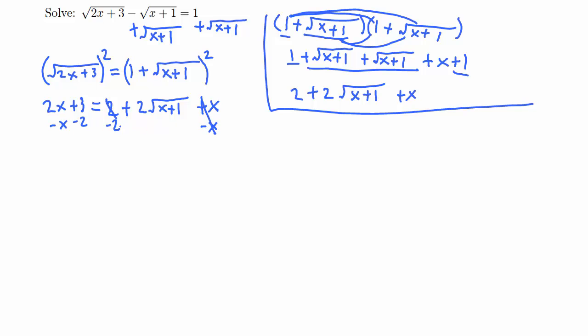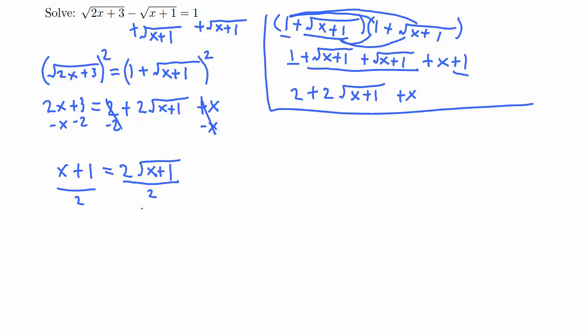So that's gone, and the left-hand side is just x plus 1, and the right-hand side is 2 square root of x plus 1. Now, we can get rid of the 2 by dividing.